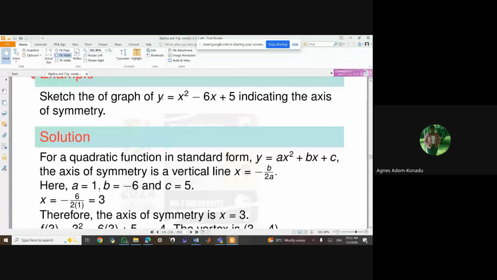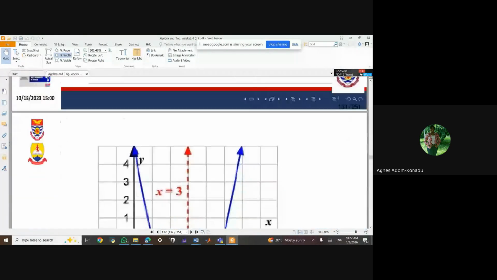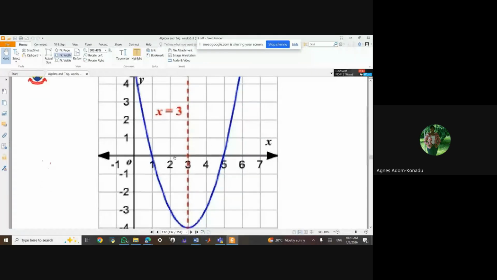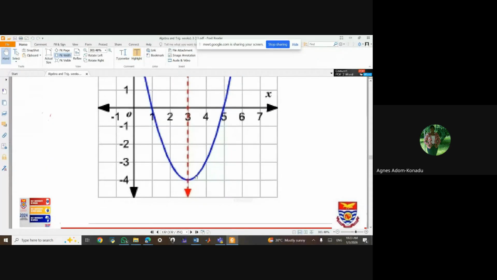I need two values that multiply to give 5 and add to give negative 6: negative 5 and negative 1. So my points will be 1 and 5 for the intercepts. Then the turning point is (3, -4).